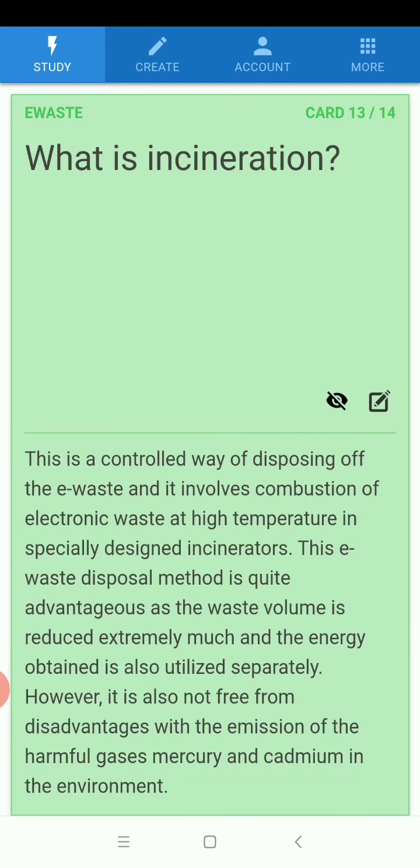It is the process of combustion of e-waste at a very high temperature, which means e-waste is burnt at a very high temperature to reduce the amount of the e-waste. Now the advantage of incineration is that e-waste is reduced to a large extent, which means e-waste is totally disposed of. But the disadvantage is the emission of harmful gases like mercury and cadmium into the environment, which are really harmful for human health.